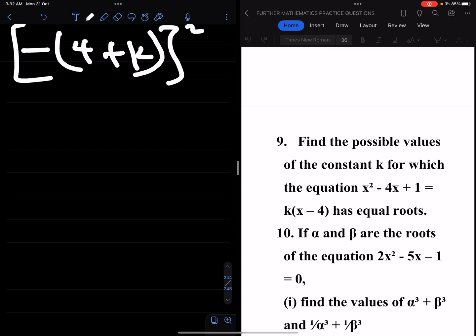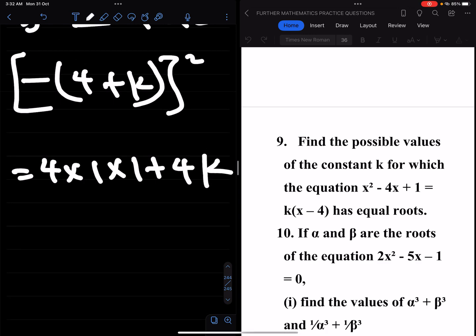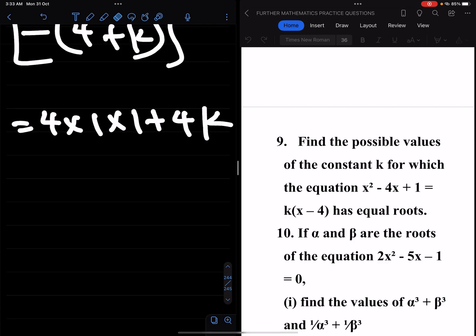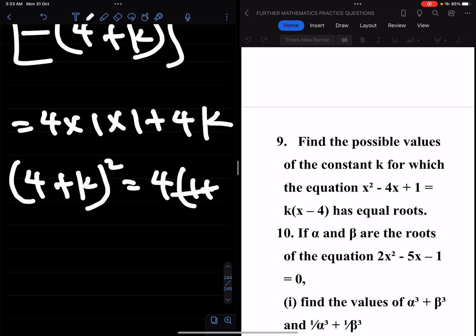4 times 1 times 1 plus 4k. And that simply means if we square the left hand side, that's going to be the square of 4 plus k equals 4 into bracket 1 plus 4k, 4 times 1 plus 4k.